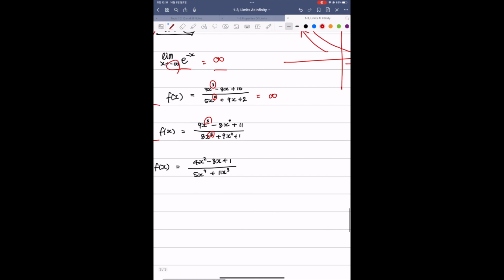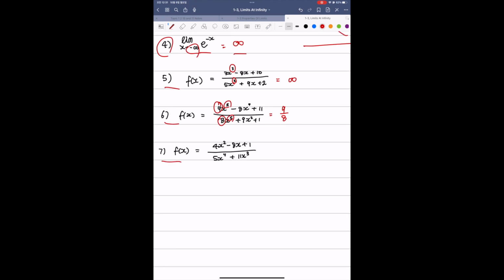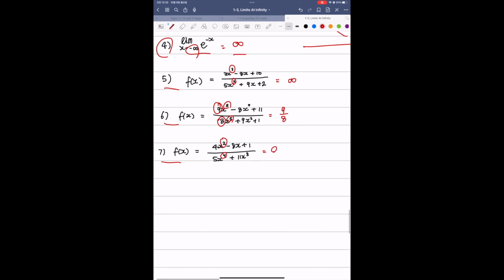Therefore, this equals 9/8 using the initial number of each function. And for the last question, we can see that the numerator's power is smaller than the denominator's power. Therefore, this equals 0. This applies the first rule of rational functions, this applies the second rule, and this one applies the last one, number 3.